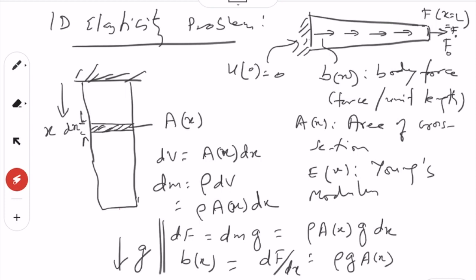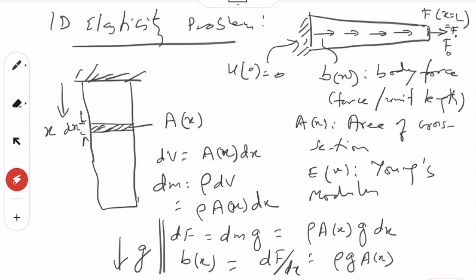You have not applied any external force at the end, but still there will be a force, because of gravity, because of its mass, which is distributed over it, and we call it body force. So this is what the body force is. Not necessarily because of its self weight, this could be because of many other things.